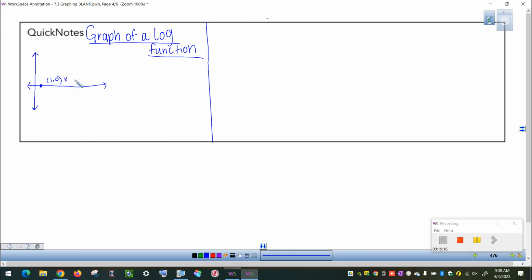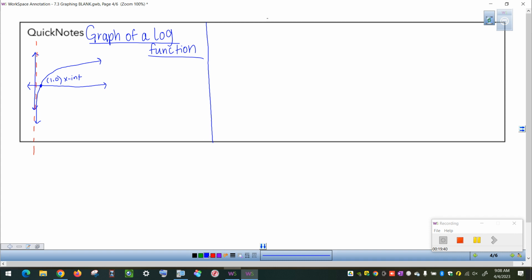That was our x-intercept. And it passes through that point. It goes onward and upward and has a little bit of a curve to it as we move to the right. And then it's getting closer to the y-axis and it gets very vertical as it goes to the left. But it's never going to actually touch or cross over the y-axis because of this asymptote line. So let's go ahead and draw in that vertical dotted line.